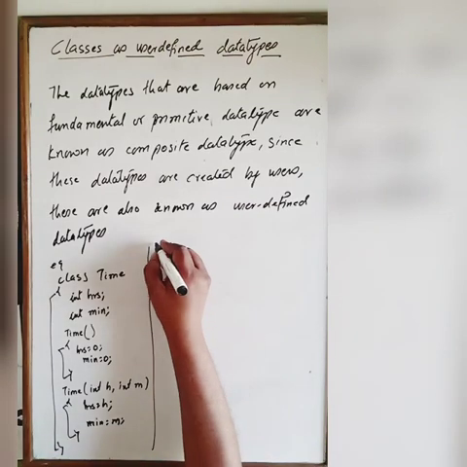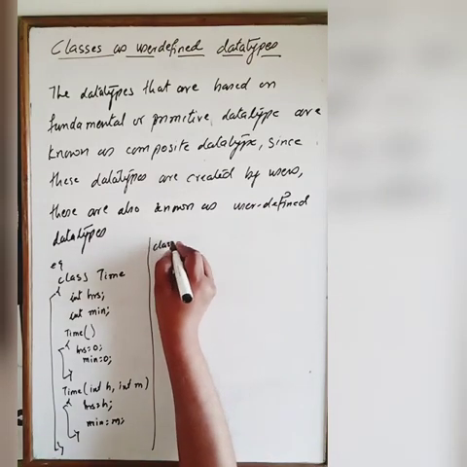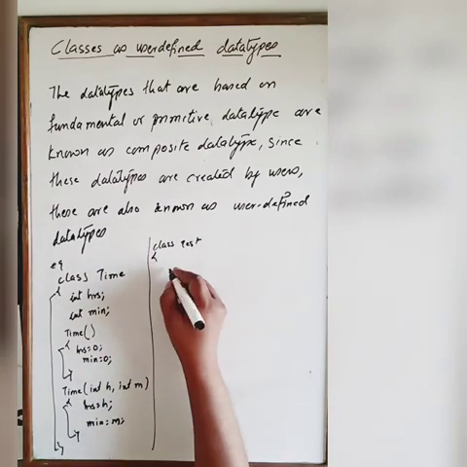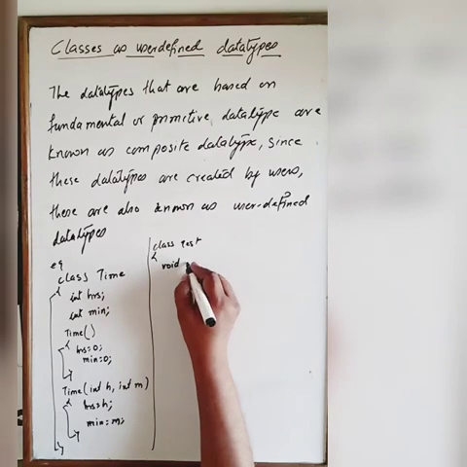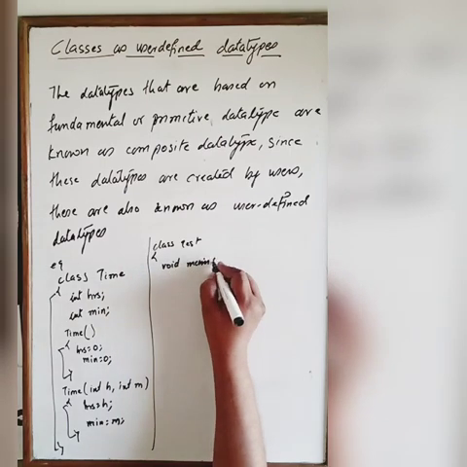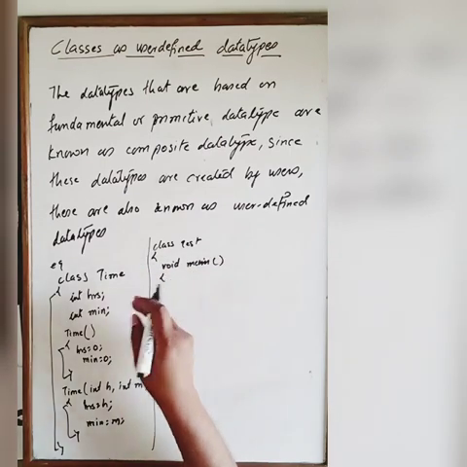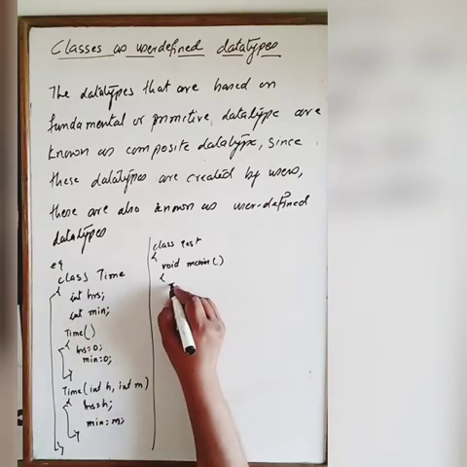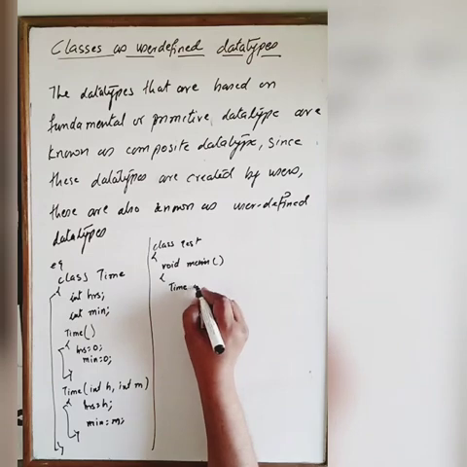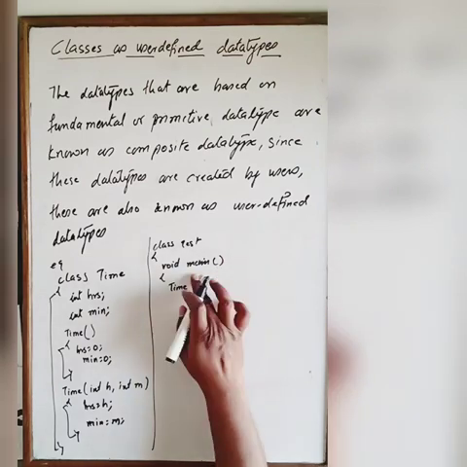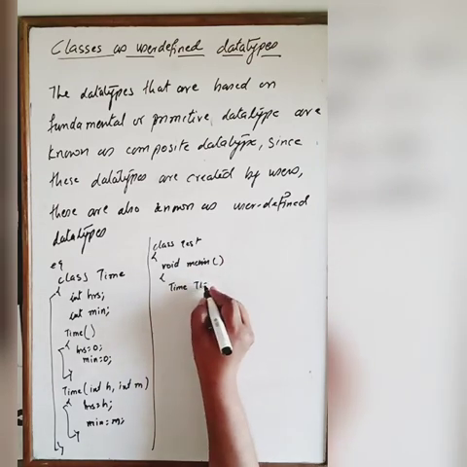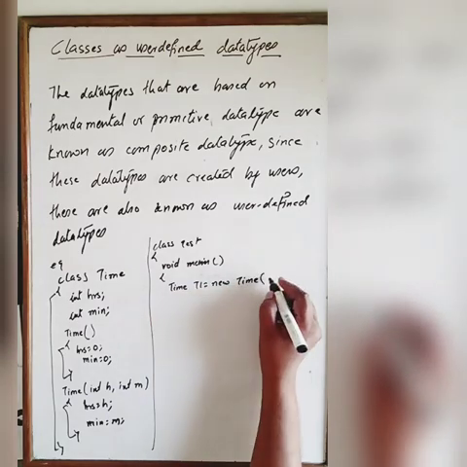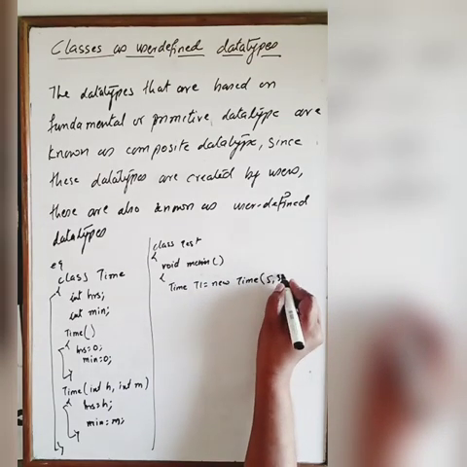How? Just see, I'm creating another class, class Test. Now I'm writing void main, since you are using BlueJ. To use the Time class in this Test class, I have to create a Time object here. We simply take t1, Time t1 = new Time, and I'm giving here 5, 35.